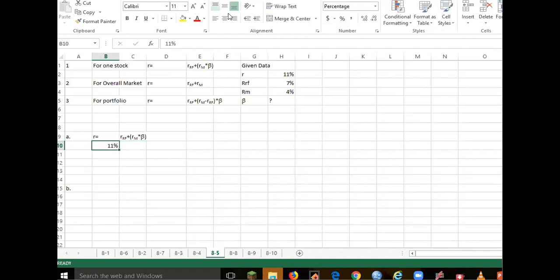And on the other side of the equation, we have risk-free rate of return, which is 7%, plus market risk premium, which is 4%, multiplied by beta.